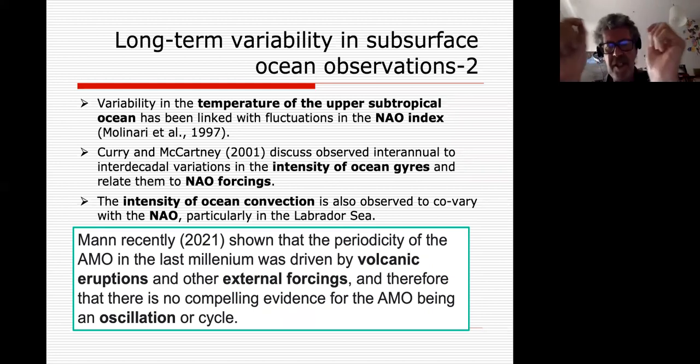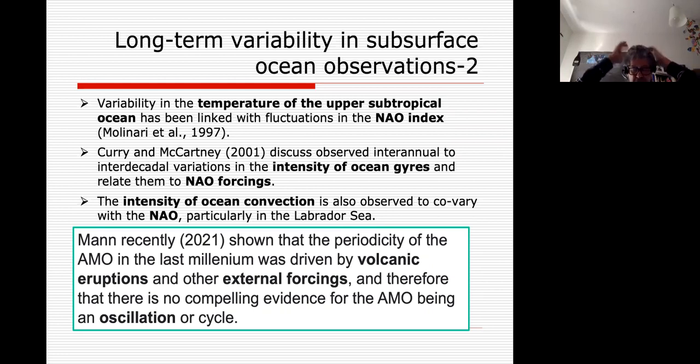So NAO can be the direct mechanism influencing the AMO, but the very forcing, at least in this hypothesis, is different.